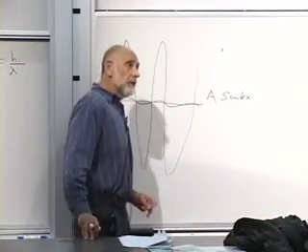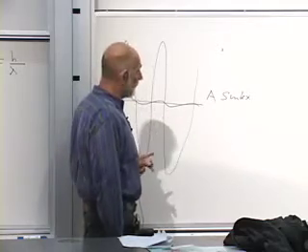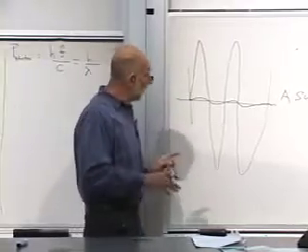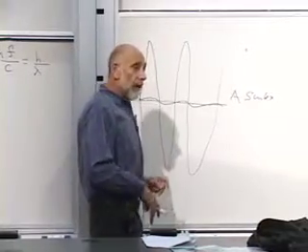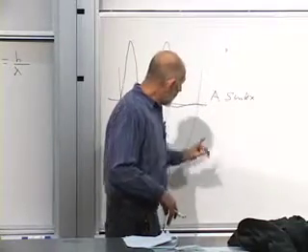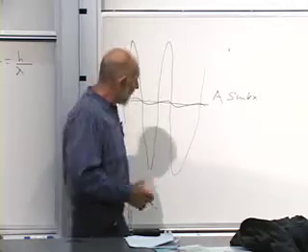Okay, the answer is the following. The energy of a wave, now this is a completely classical statement, the energy of a wave is proportional to the square of the amplitude.